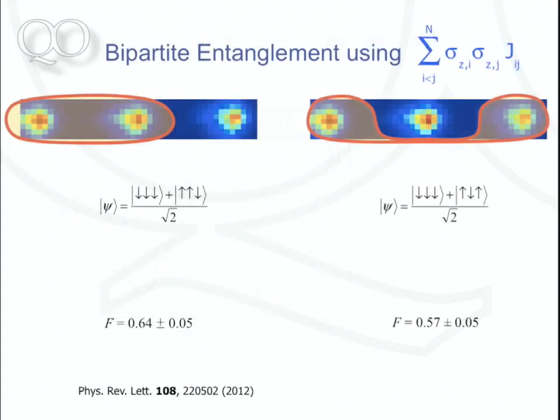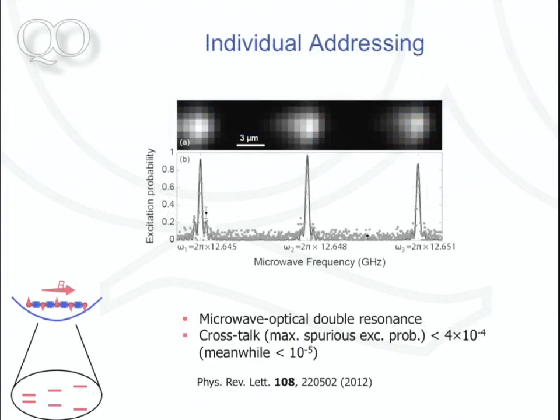Okay, and we did this experiment for non-neighboring ions with a fidelity of 57%, which tells us that we have an entangled state, but of course there's lots of room to improve these results. The fidelity for neighboring ions is a bit better, but still lots of room for improvement, of course. Okay, but the principle has been shown.